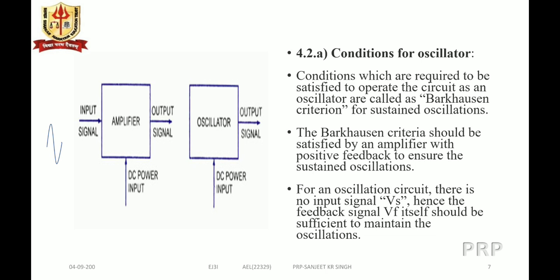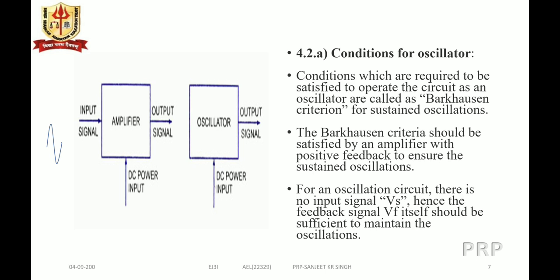Now the conditions which are required to be satisfied to operate the circuit as an oscillator are called the Barkhausen criteria for sustained oscillations. These criteria are very important to be maintained in order to have sustained oscillation. Unless these criteria are fulfilled with positive feedback, we will not have sustained oscillation.